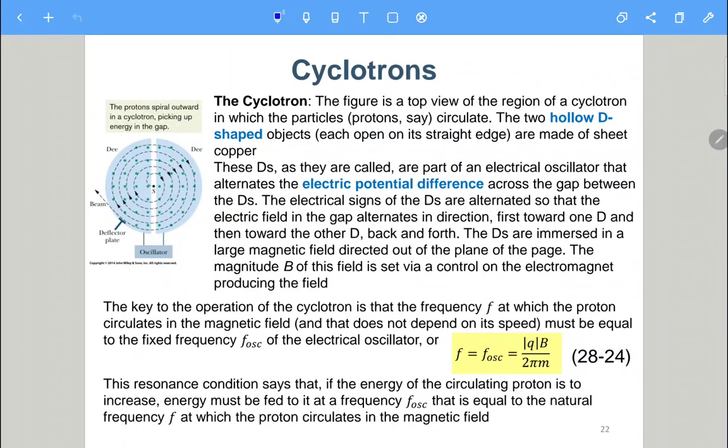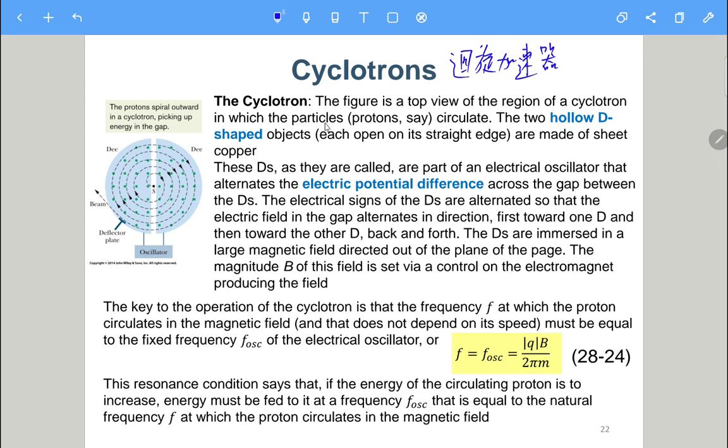Move on. So here we talk about the cyclotron. In Chinese, it is called 回旋加速器. Okay. So this is called a cyclotron, which is a kind of particle accelerator.